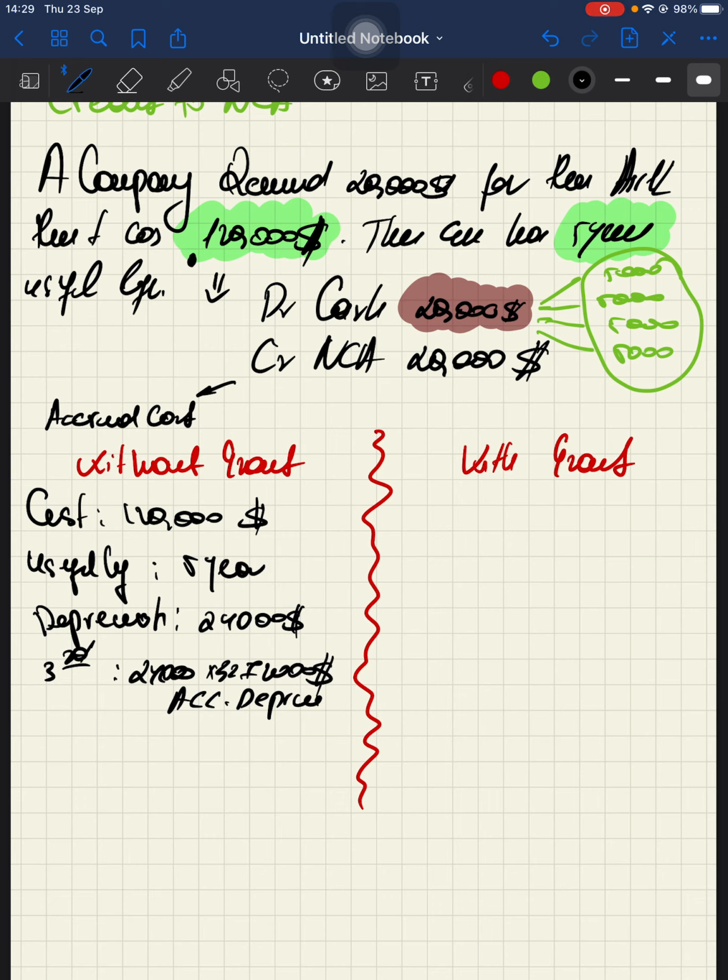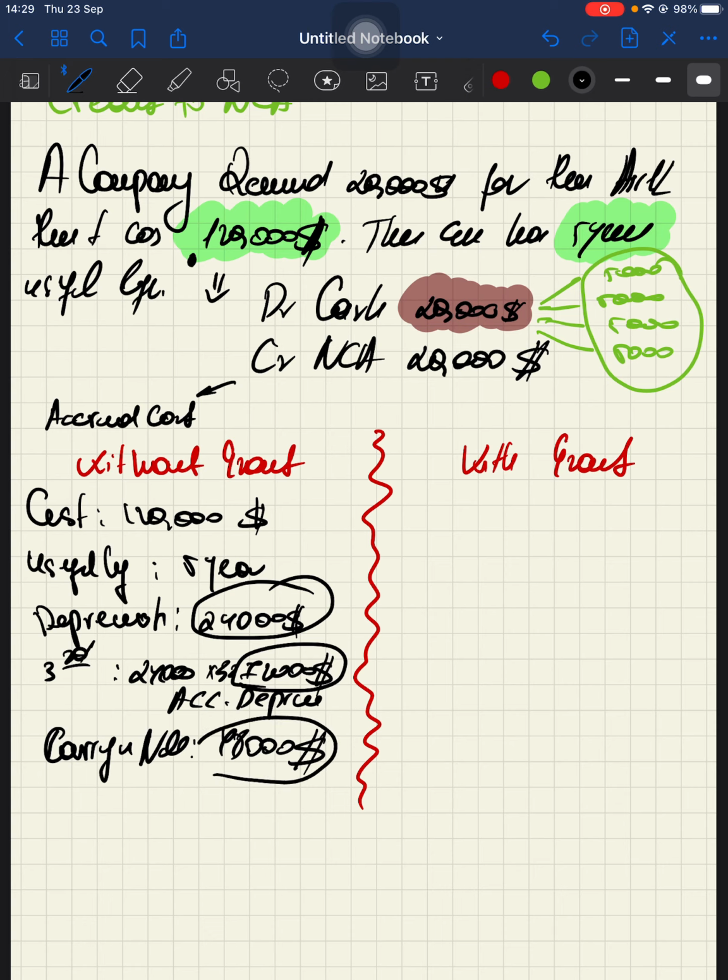And our carrying value is $48,000. So if we had not received the government grant, we would have 24,000 annual depreciation, 72,000 of accumulated depreciation, and 48,000 carrying amount of the fixed asset.